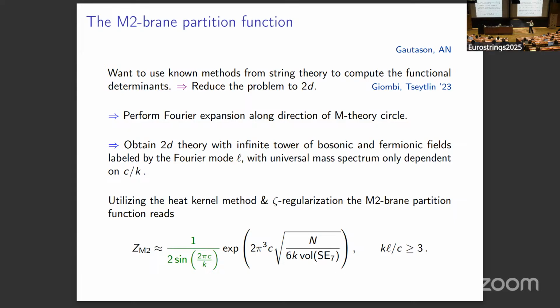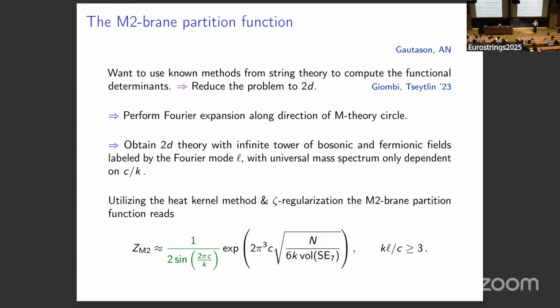You can label these modes with your Fourier modes, l, and you get a universal mass spectrum that only depends on the radius of this M-theory circle.